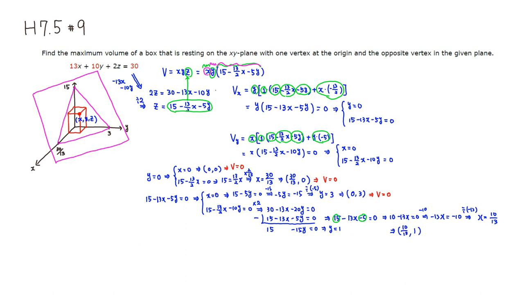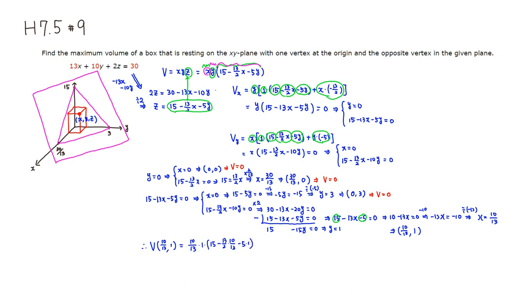So if you want to find the volume, all you have to do is plug in 10 over 13 for x and 1 for y. So what do we get? x is 10 over 13, times y, which is 1, and then times 15 minus 13 over 2 times 10 over 13, and minus 5 times 1.